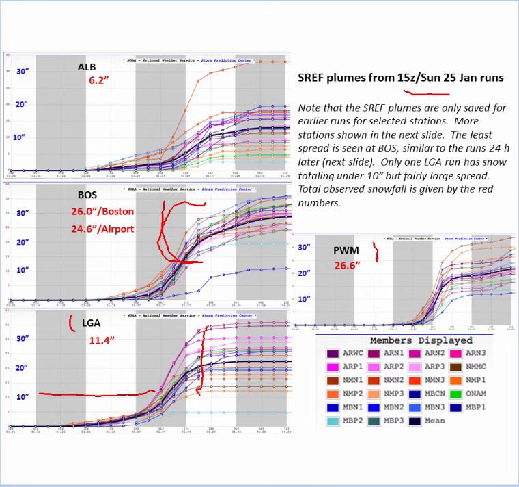Albany also had quite a bit of spread, going all the way from 20 down to about 5, and they ended up with about 6. Meanwhile, Portland, Maine, over here, has a much closer clustering of the plumes, and they ended up with 26 inches of snow. So the SREF plumes at this point are showing uncertainty, where there was quite a bit of uncertainty seen in the other forecasts as well.